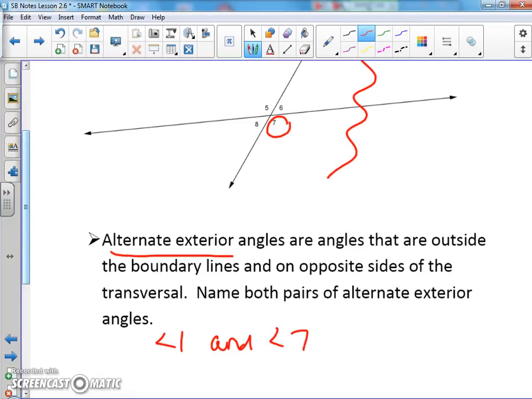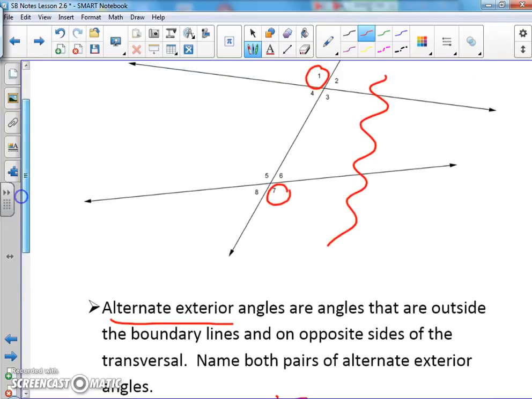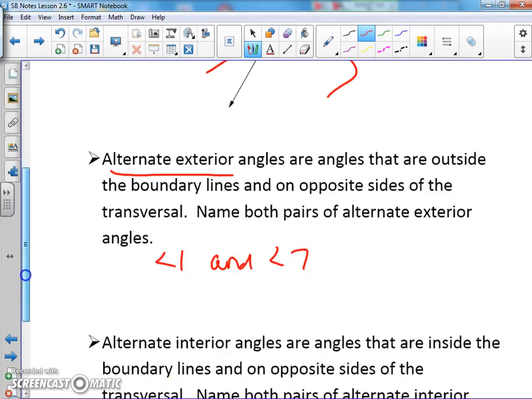This is similar to what we did with linear pairs and vertical angles. It takes two to make that relationship. Okay, there is another pair of alternate exterior angles, and if we look at angle 2 and we go through the same thing to the other cluster of angles outside and across the transversal, we're going to get to angle 8. So this would be angle 2 and angle 8.